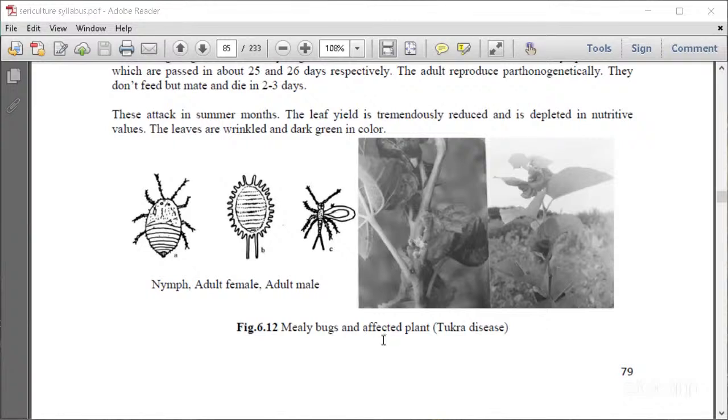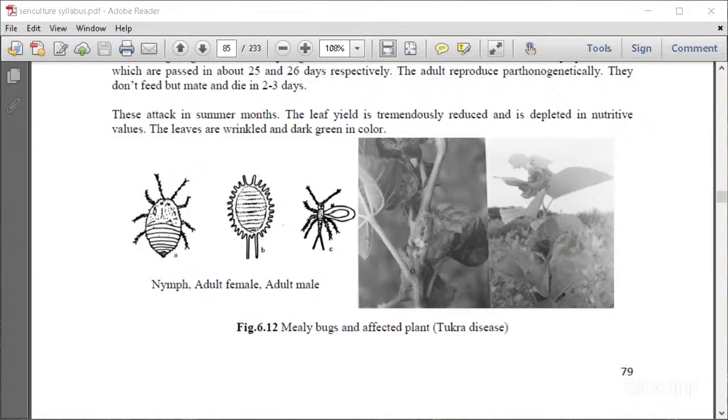Here you can see the spring-like structure of the leaf. Then how to control this one? The affected leaves and affected shoots are cut and burnt, and spraying 0.01 percent parathion is followed.